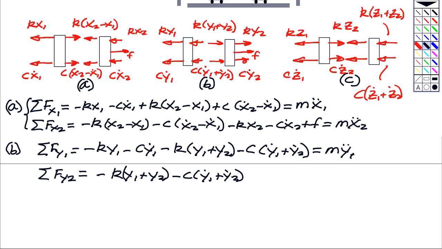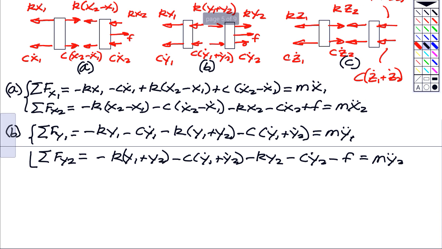Again, y2 is positive to the left. And then this is going to be minus k y2, minus c y2 dot, minus applied force F, and that's equal to m y2 double dot. So these are our equations of motion in terms of y.